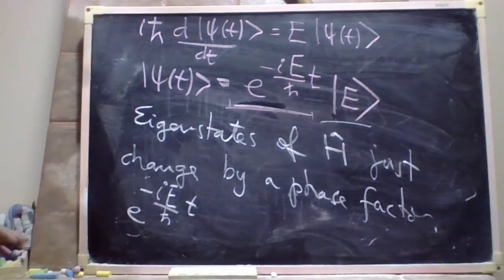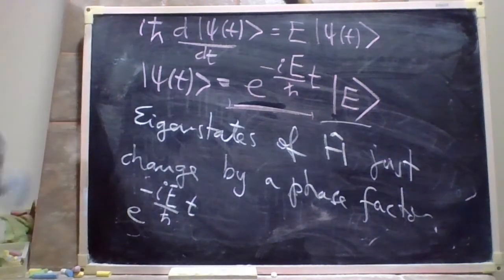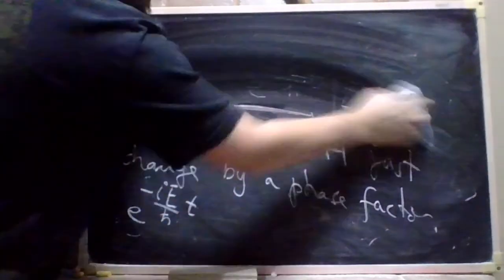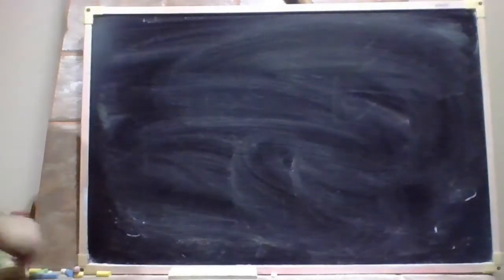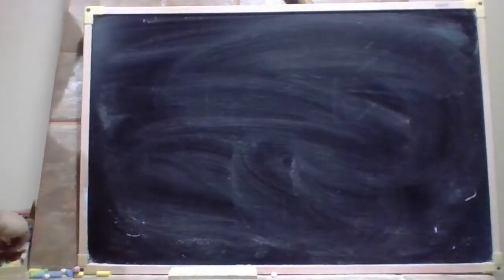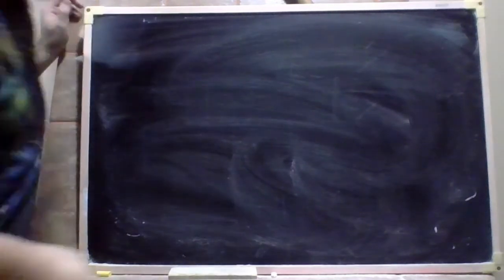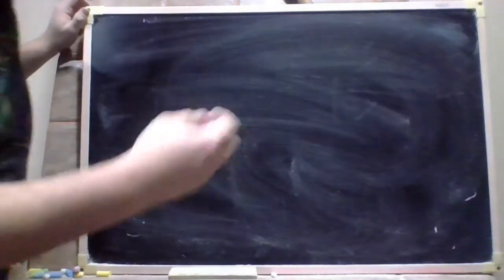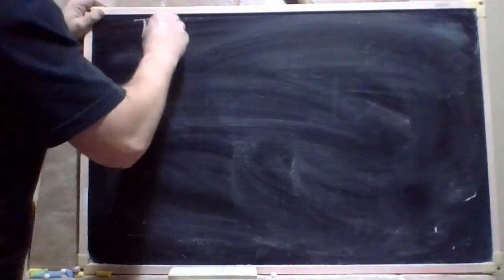It's a very important thing. And when you find the eigenvalues of the Hamiltonian, this is called the time-independent Schrodinger equation.